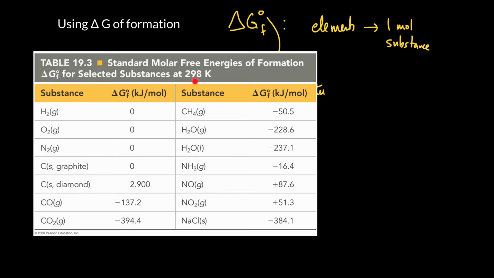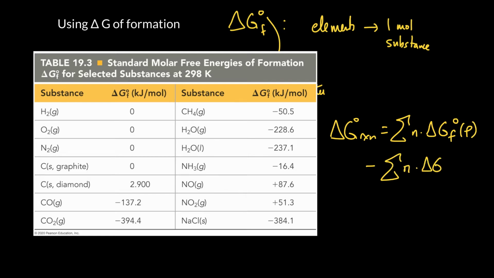Notice that all of these are tabulated at 298 Kelvin. And the reason for that is that we just have to pick a temperature. And room temperature is very common, and that's actually one problem with this technique. So we can calculate delta G of a reaction by doing the same thing. Essentially, we're just adding up the Gibbs free energy of formation of products and doing the same thing for reactants with all the same kind of symbols as we had before.